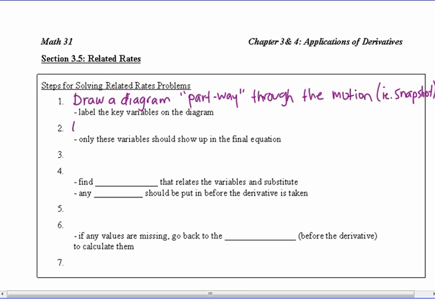Step two: list all given rates of change. This is really going to be important because it's going to help you figure out if you need to eliminate a variable. So those are your derivatives, and the one you're looking for.